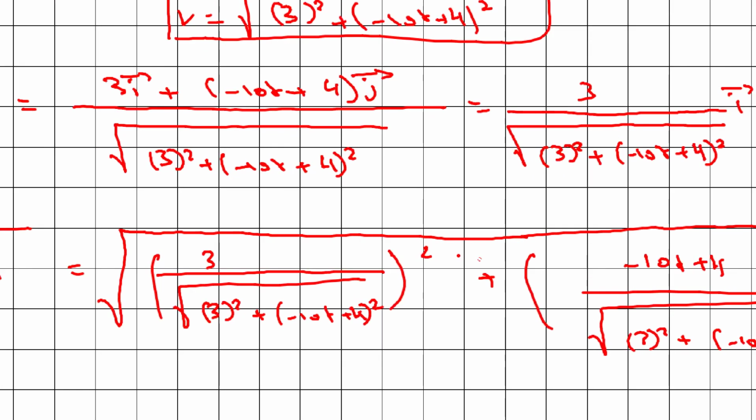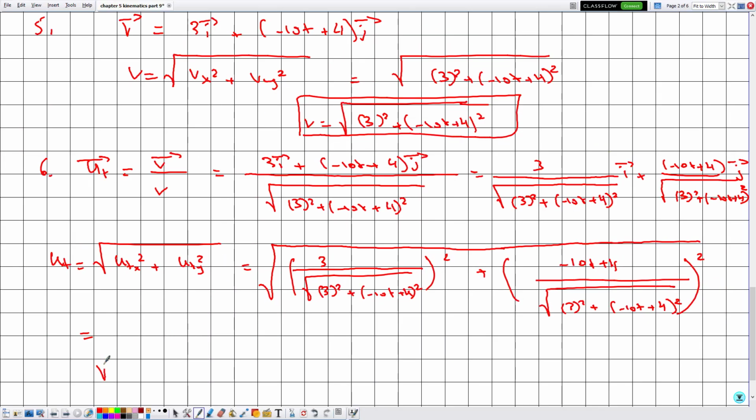So now this power 2 is for the numerator and the denominator, and it's given by this 9, or 3 to the power 2 divided by 3 to the power 2.